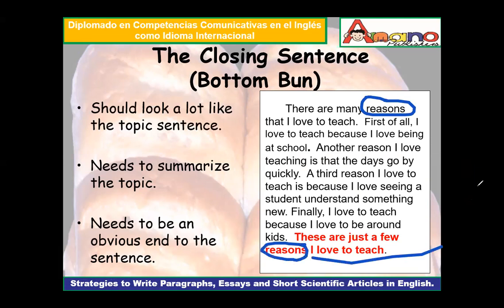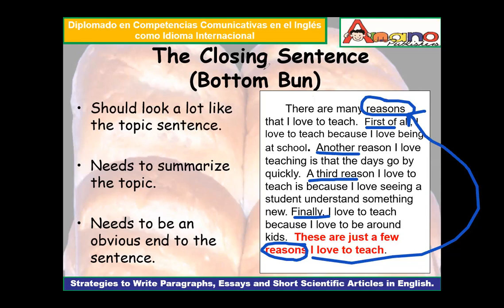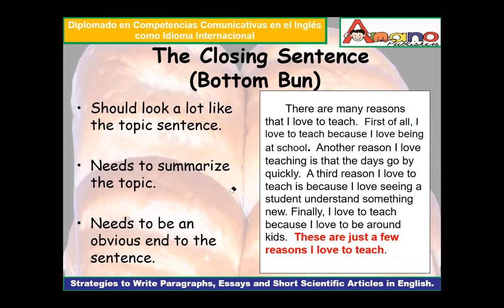Se hizo una referencia muy directa a lo que son reasons, pero estaban hablando de la first, another, a third, finally. ¿Cómo se llaman ese tipo de palabras? Transition signals. Yes, remember, I ask about these because it's very important to keep them in mind. Don't forget them.